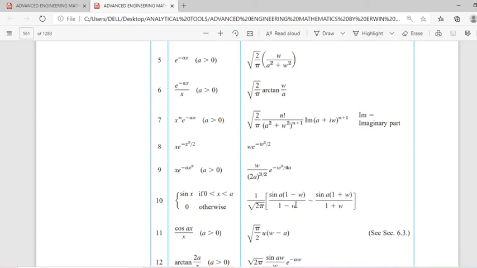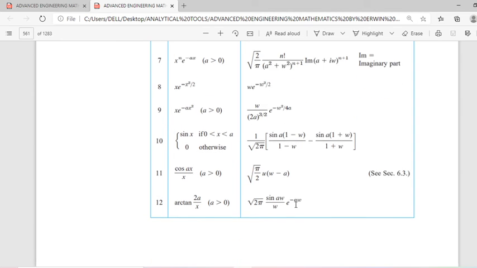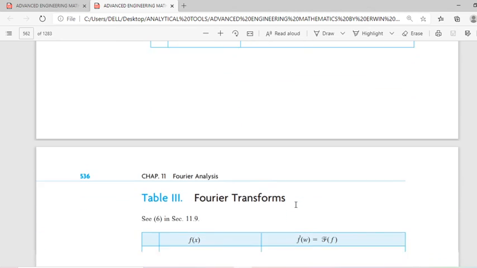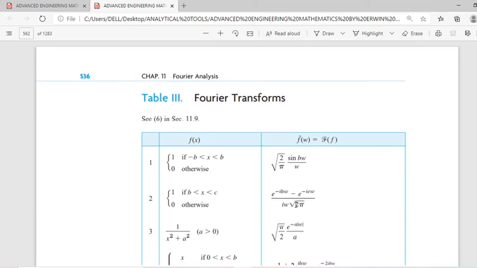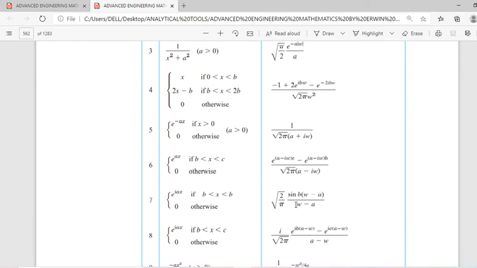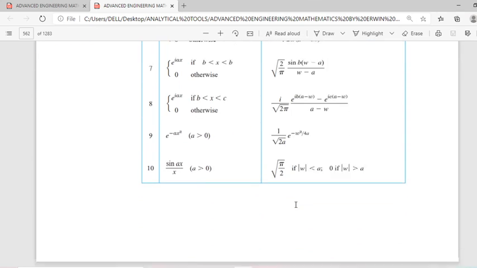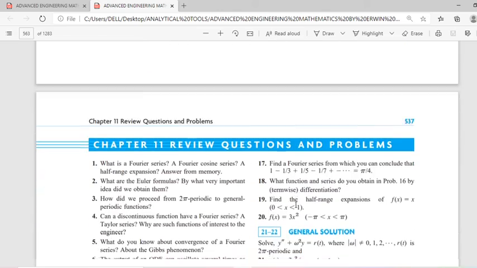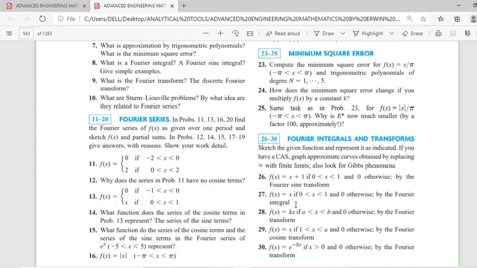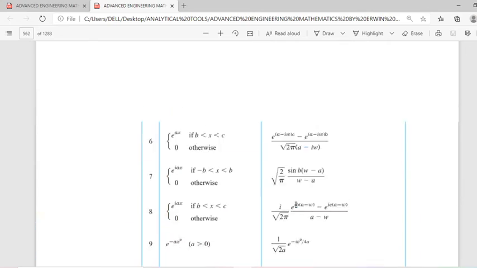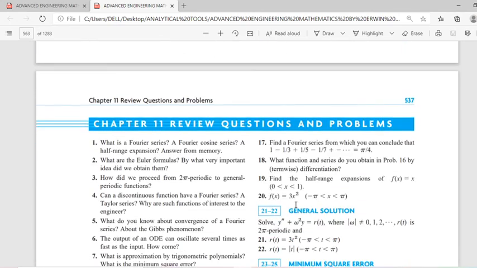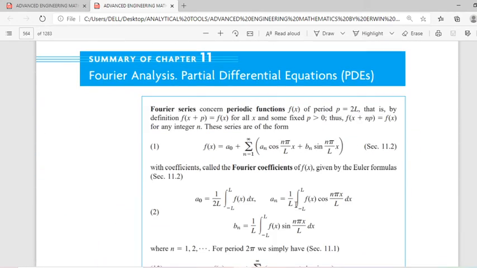You can note these transform equations. Sometimes it may be asked in the examination, so you have to try for getting these transforms. So we will discuss that section in the next class.